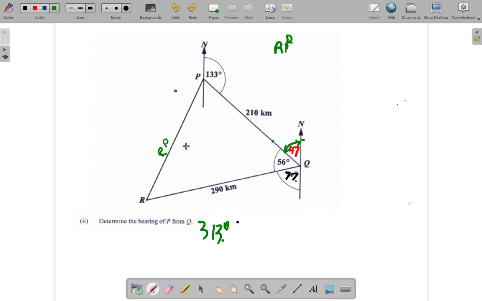Oh, let me write that a bit better. Let's use a different color.